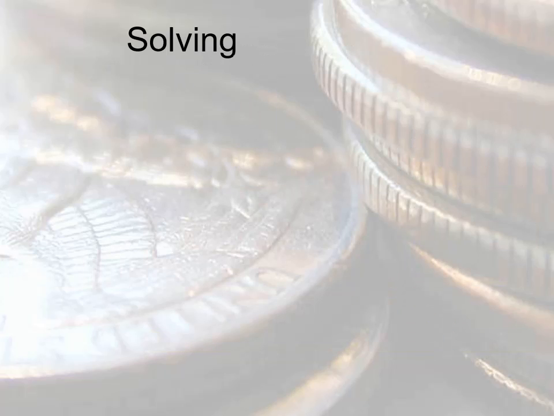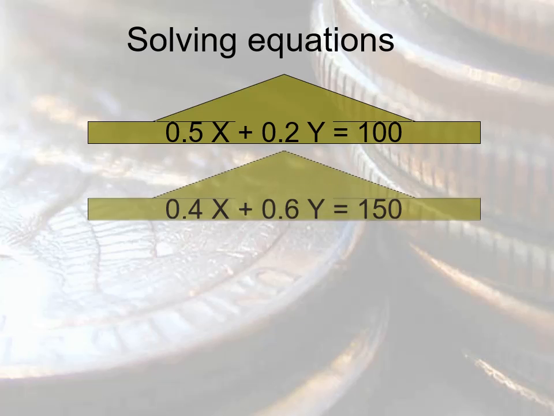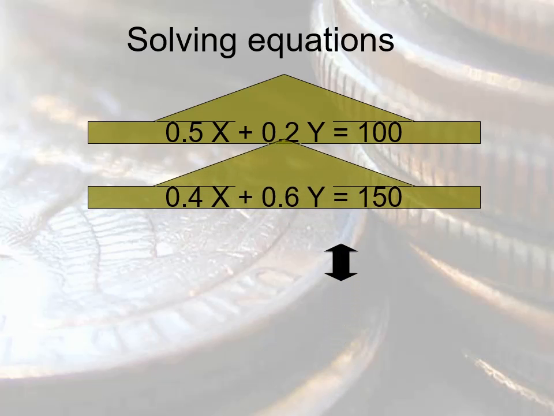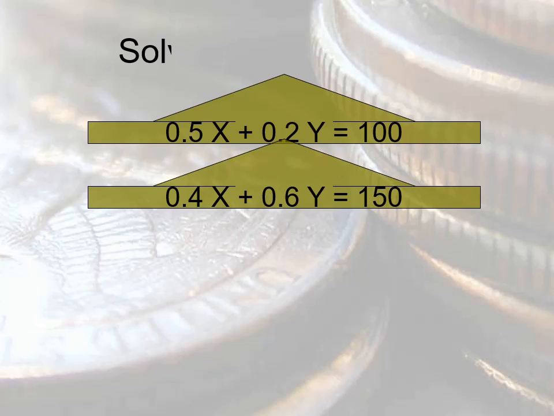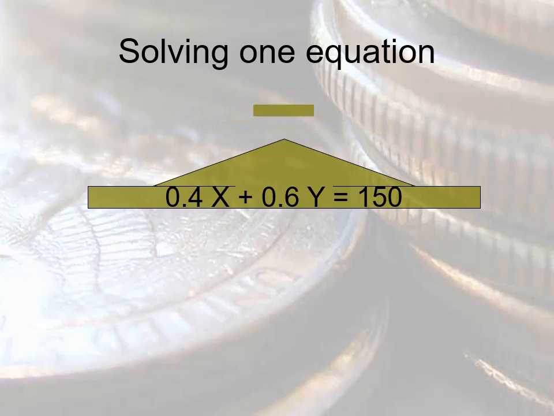Now we need to solve the two equations together, and we can replace the sign of less than or equal by equal, since this is the maximum production. We can start by solving any one of the two equations, and let's say that we start with the second equation, 0.4x plus 0.6y equal to 150.